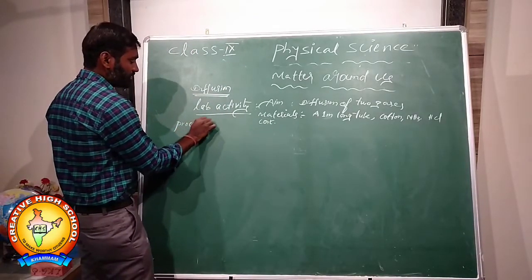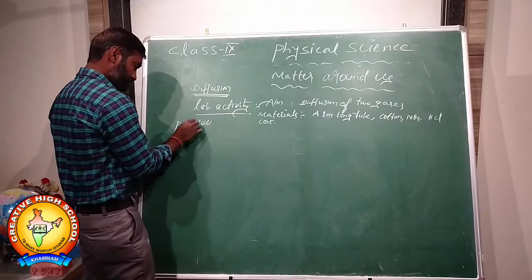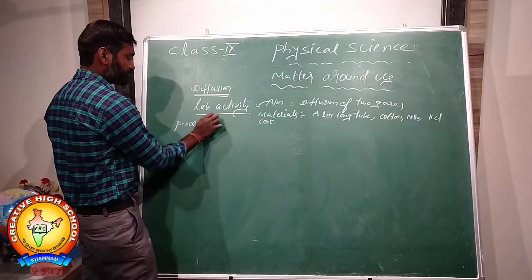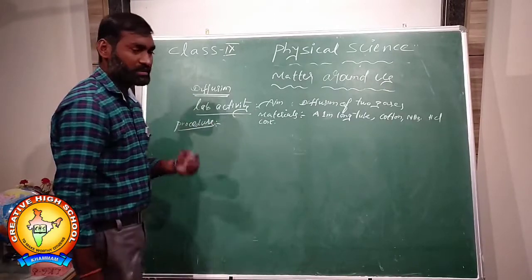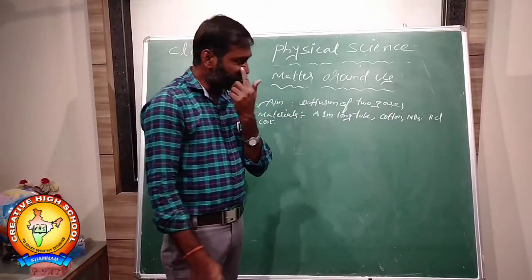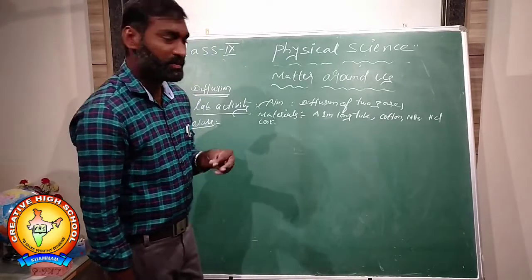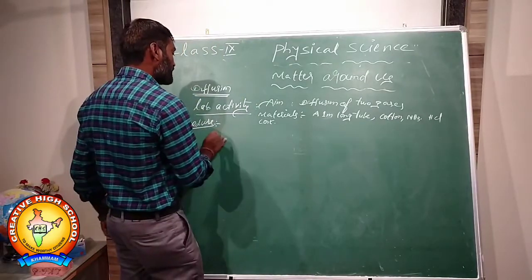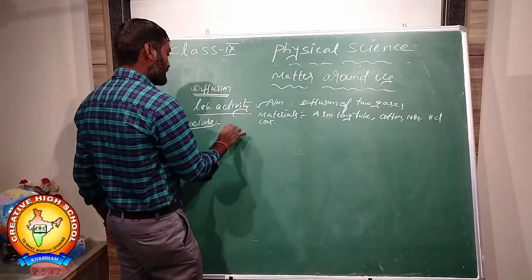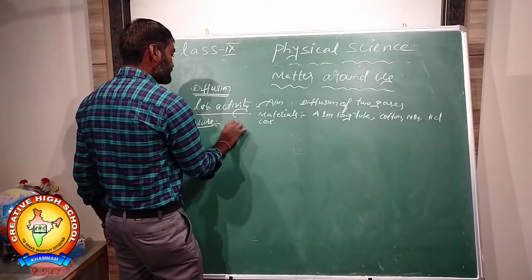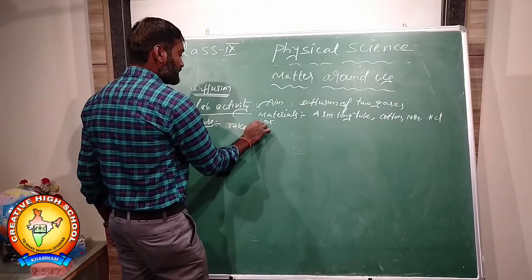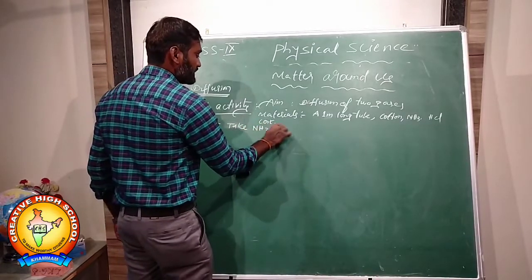What is the procedure? First of all, what do you have to do? Take a test tube, and first take the ammonia solution, NH3. Take ammonia in a test tube.